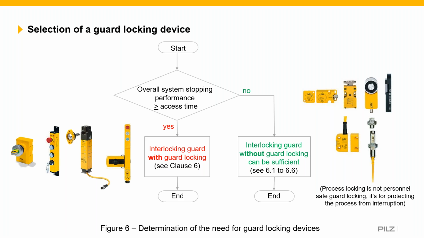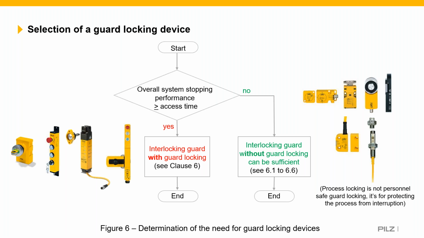Then we need to ensure that doesn't happen. So we would put some form of lock on the guard, so that we can then refer to other sections within the standard, and we'll look at a couple of options on this later. But it means that we have some form of making the machine safe before we unlock the guard to allow somebody to open it and get access.